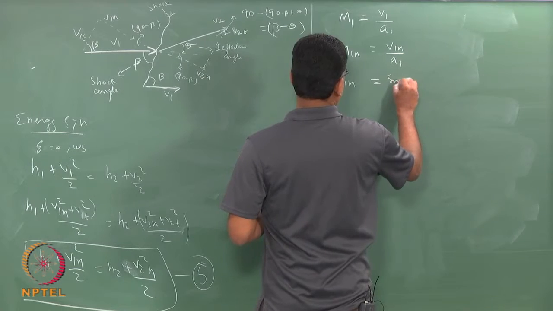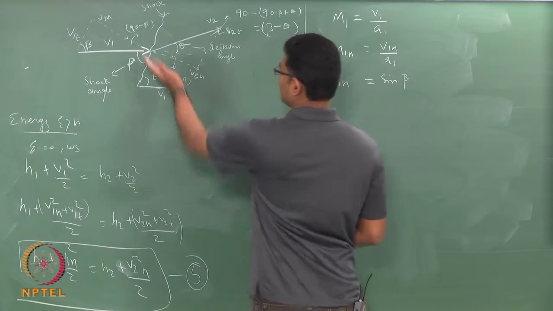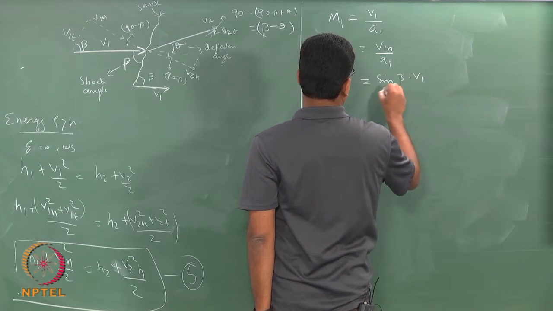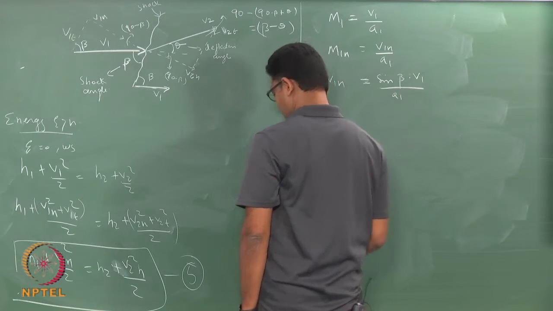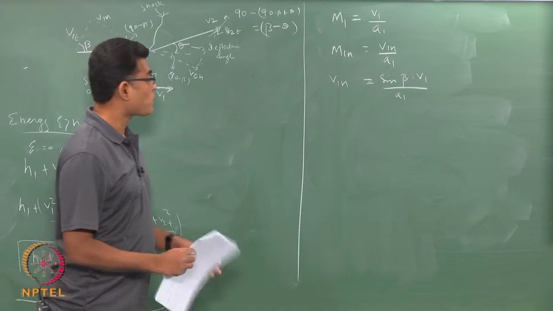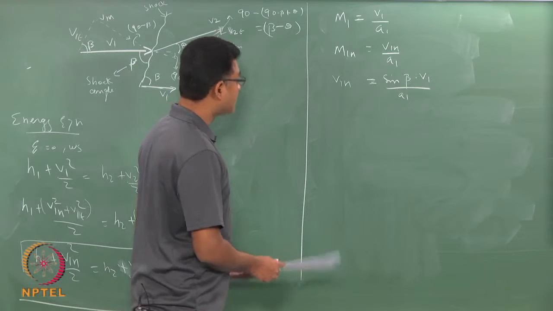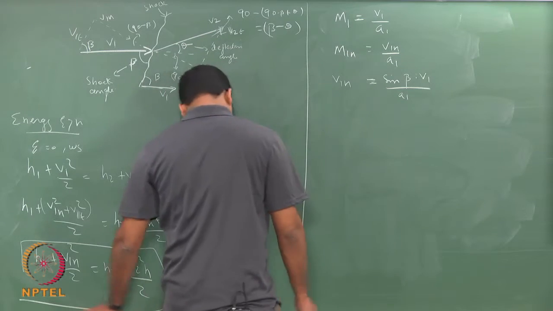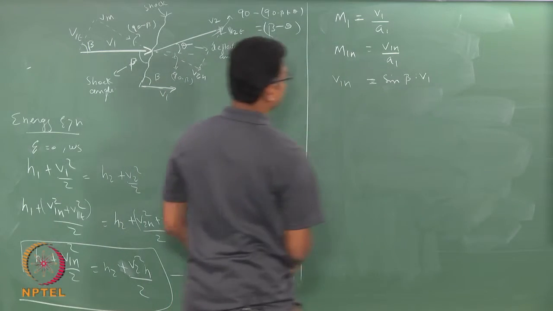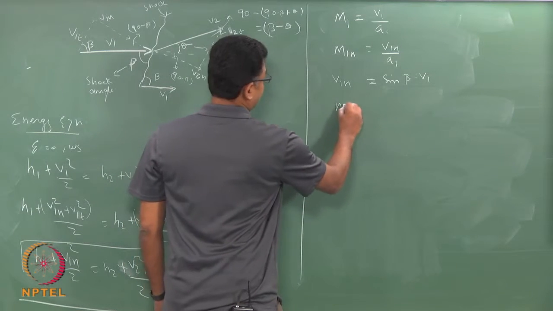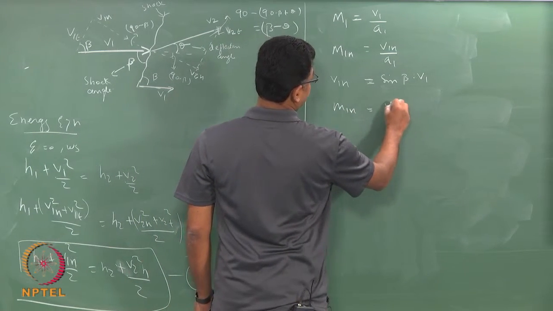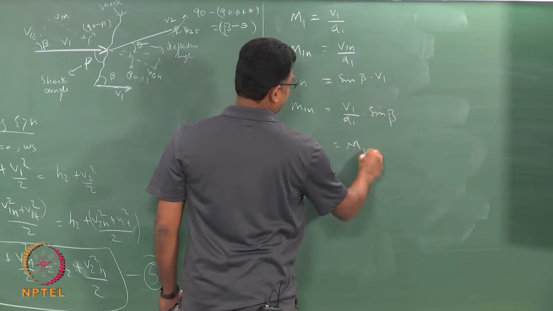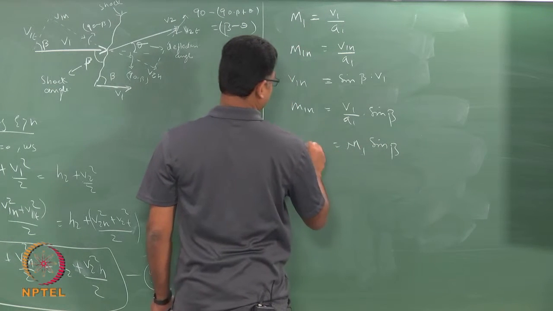It is sine beta, it is cos 90 minus beta, which is sine beta, times V1 by A1, correct. So, my M1n is nothing but V1 by A1 into sin beta, which is M1 sin beta.